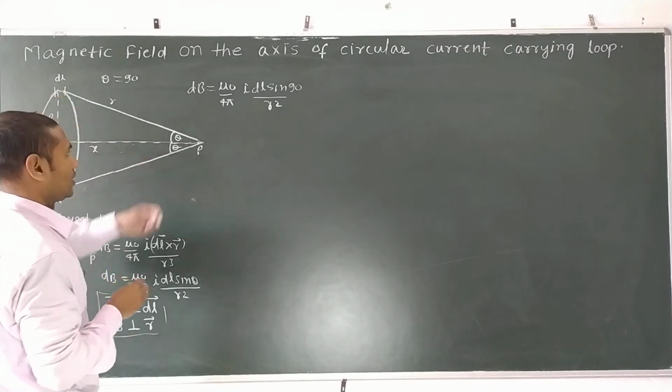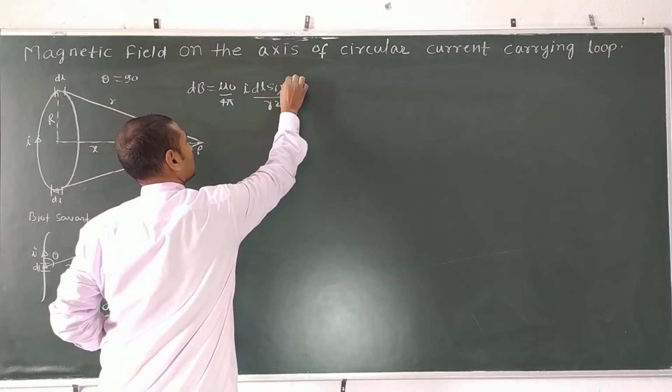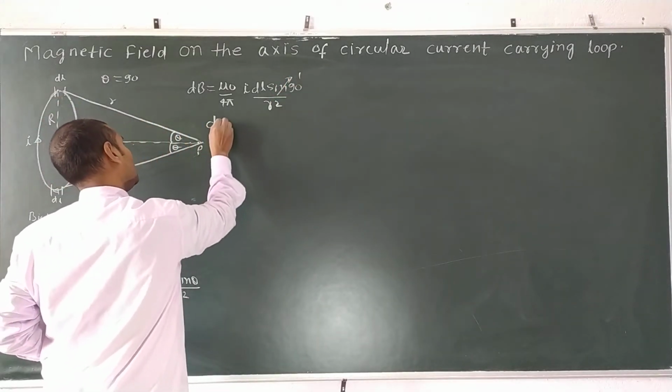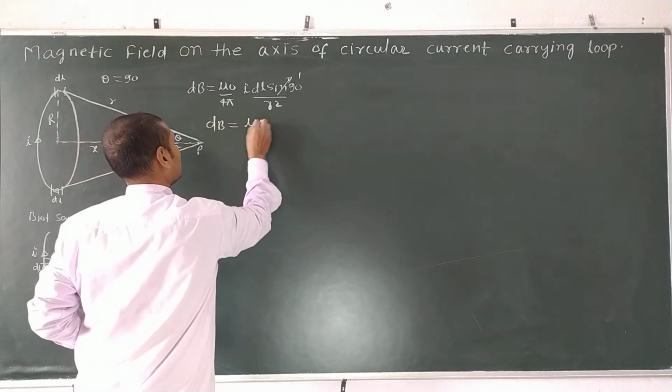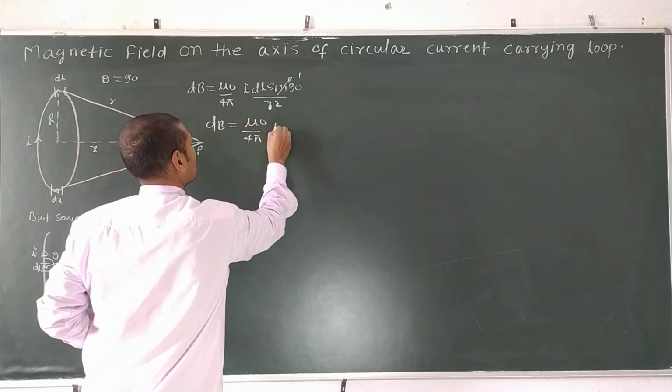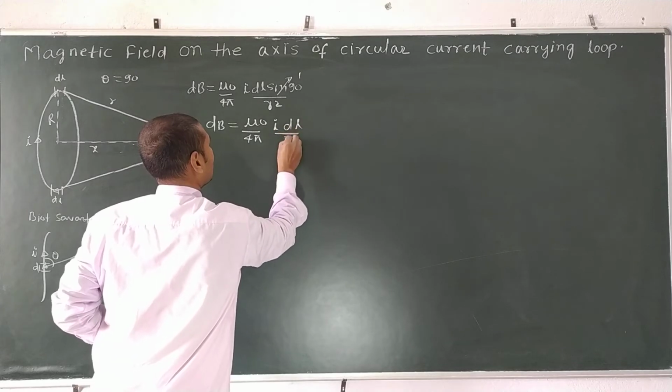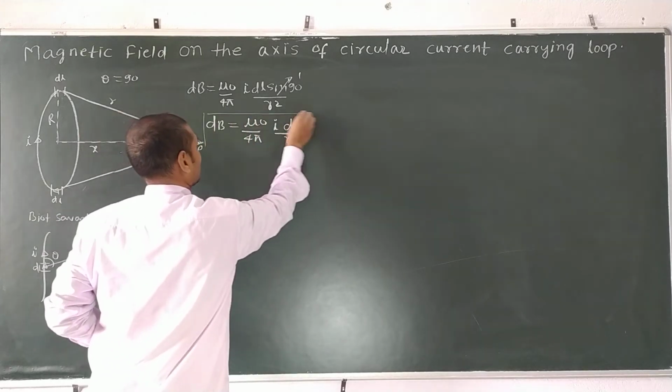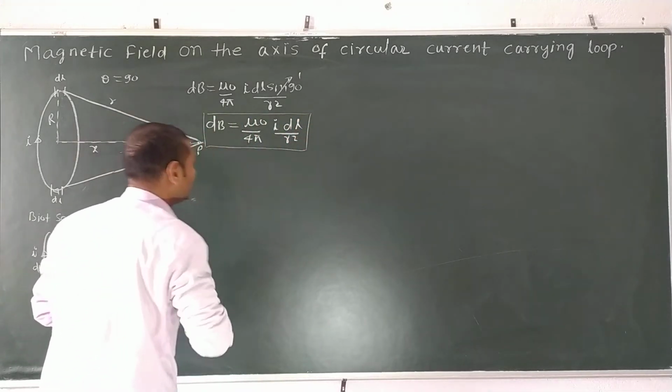Sin 90 becomes 1, so dB becomes mu naught upon 4 pi, I dl upon r square. This is the magnitude of dB.